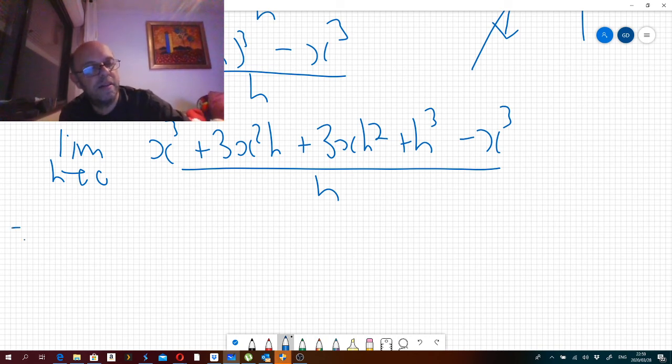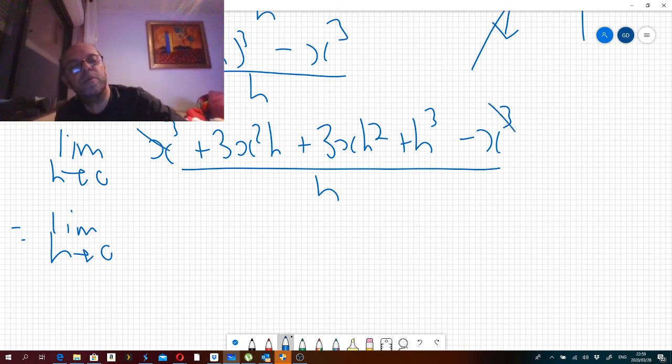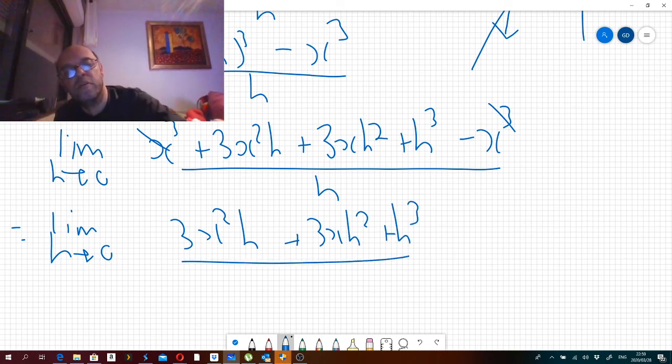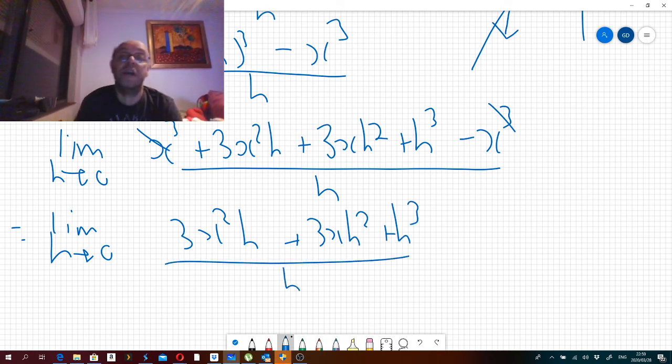And we can say that this then equals the limit as h approaches 0, and the x cubed will disappear, and we're left with 3x squared h plus 3xh squared plus h cubed all over h. And again, we've got h everywhere on top now, so we can factorize an h out.